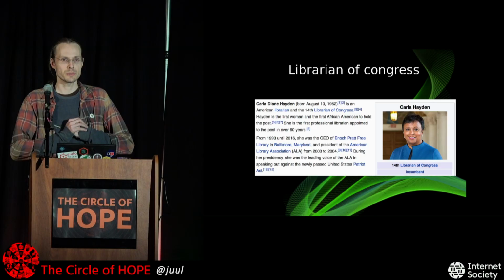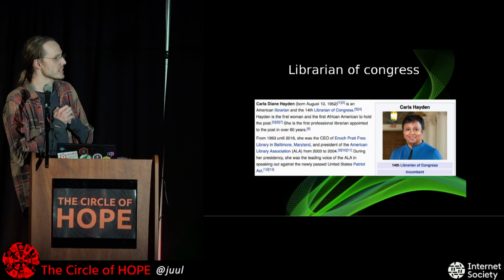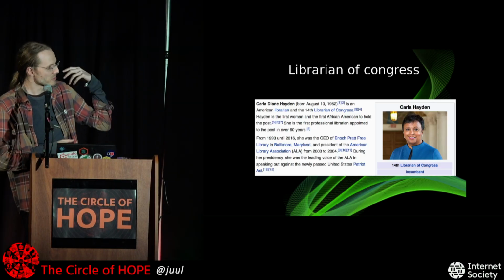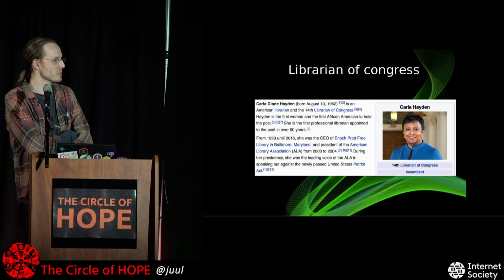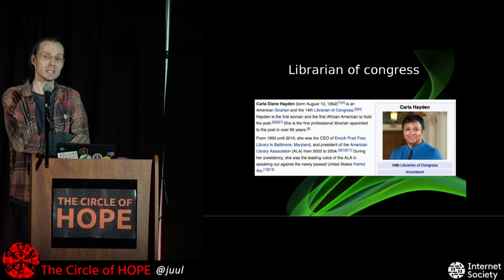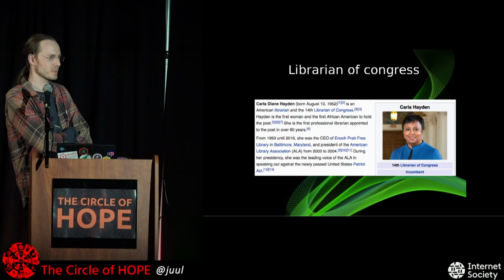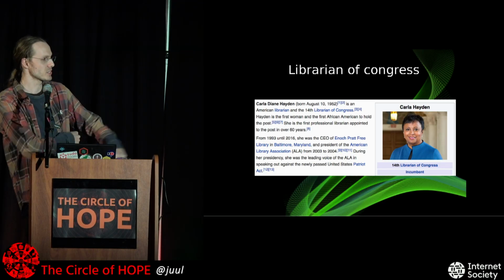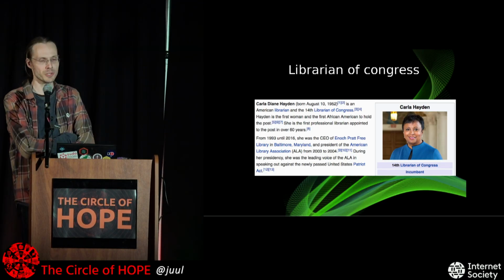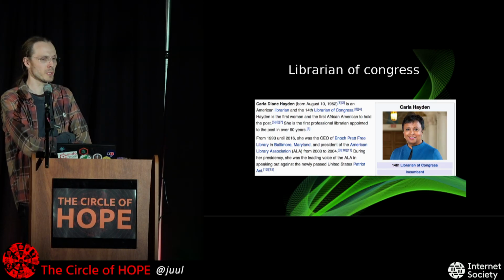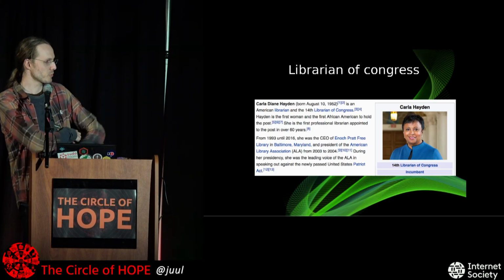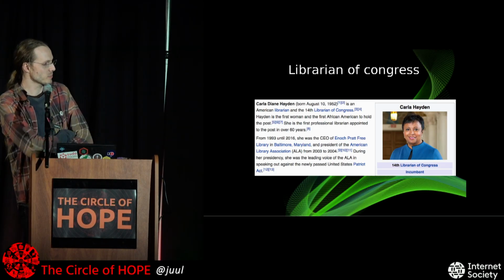So who do we talk to about this? Well, it looks like it's the Librarian of Congress. So who's that? Well, it turns out this is a really amazing woman who's an actual librarian, not just a politician, as you might expect. She used to be the president of the Baltimore Public Library, and has been vocally against the Patriot Act.